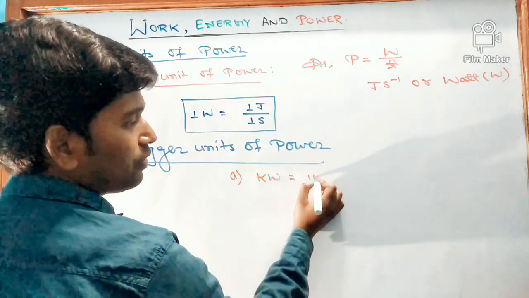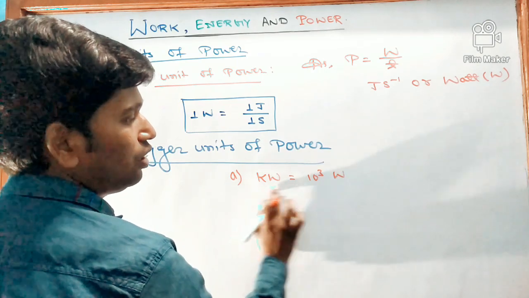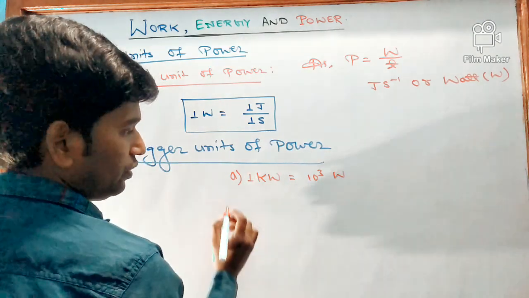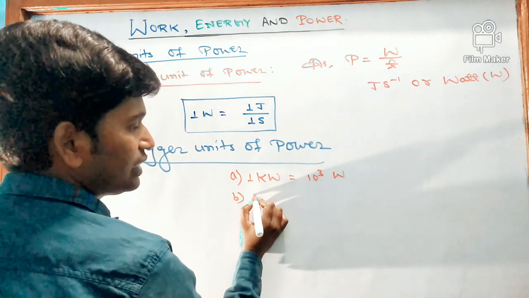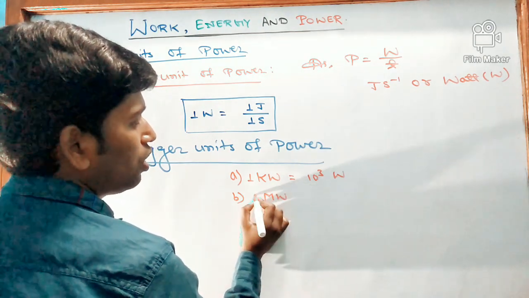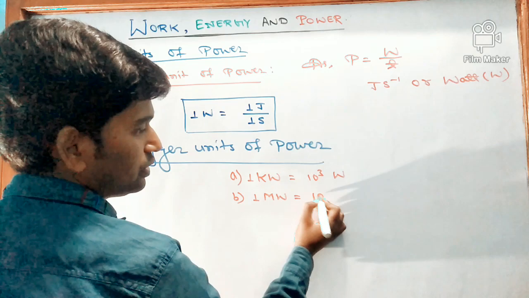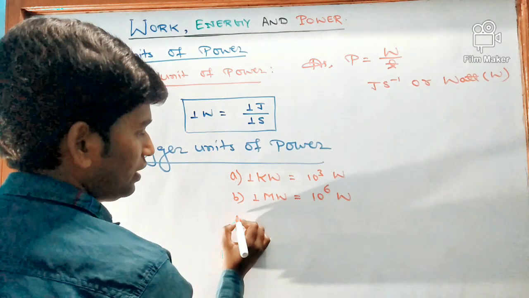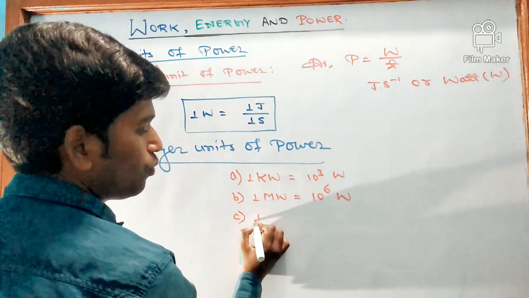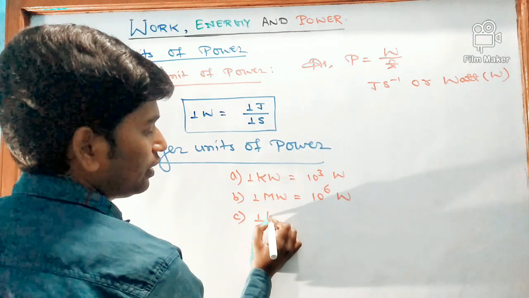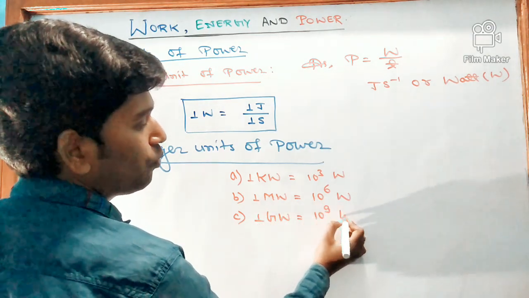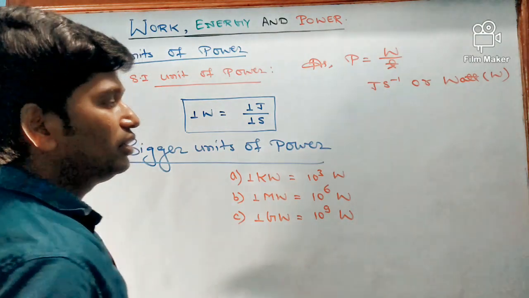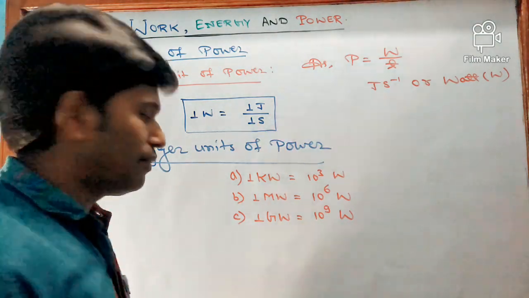Kilo means 10 to the power 3 watt is called 1 kilowatt. Second we can talk about megawatt, or 1 megawatt is equal to 10 to the power 6 watt. Next we can talk about 1 gigawatt, that is 10 to the power 9 watt. So these are the bigger units of power.